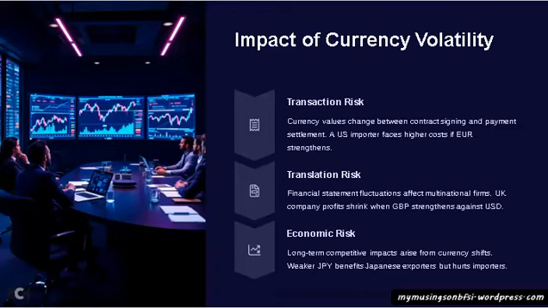But if the GBP weakens and it becomes 0.90 GBP per dollar, then the same 10 million translates to only $11.11 million and not $12.5 million. This reduces the reported earnings in US dollars to the tune of 1.3 million.